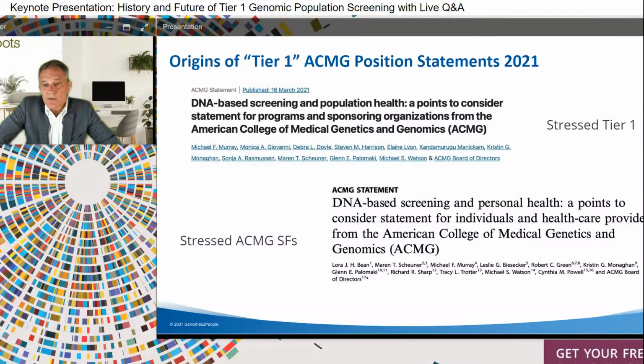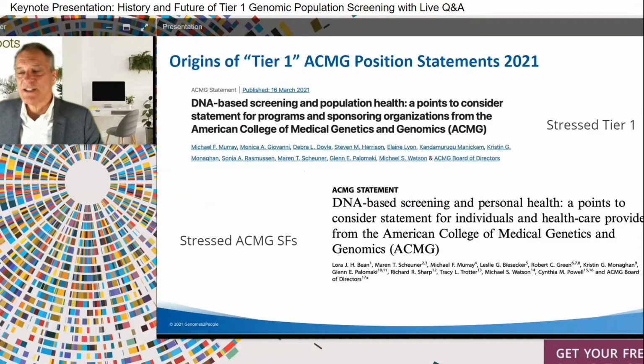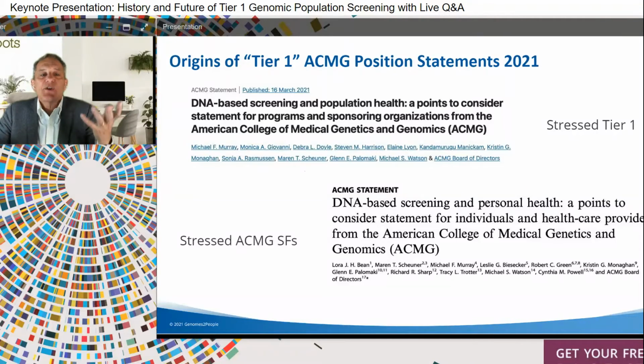So the lists were somewhat different. They didn't end up recommending population screening, but they kind of grudgingly said, well, if a patient really wants this and you do genetic counseling and you warn them of all the things they might find, I guess it's okay. So it was really damning with faint praise.